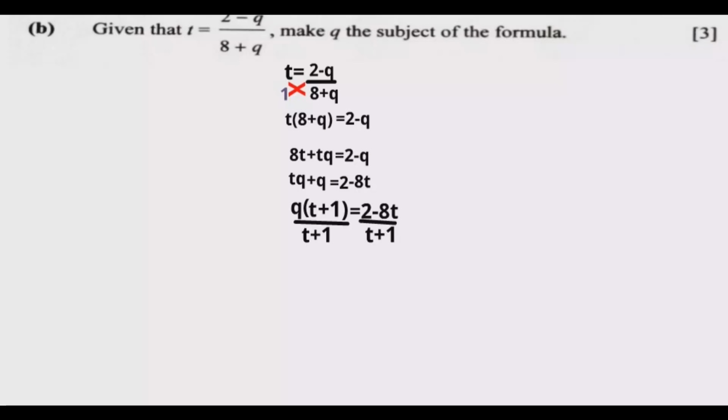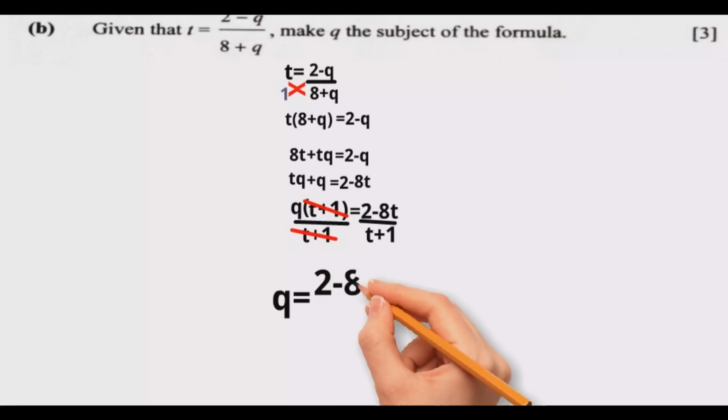That means t plus 1 on the left side of the equal sign will cancel each other out, leaving us with q. Then we say q is equal to, and here these cannot cancel each other out, so we are just going to copy everything that is here.